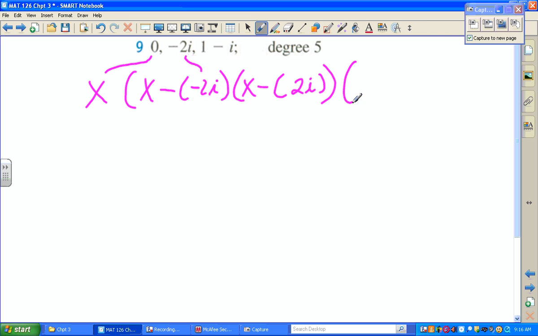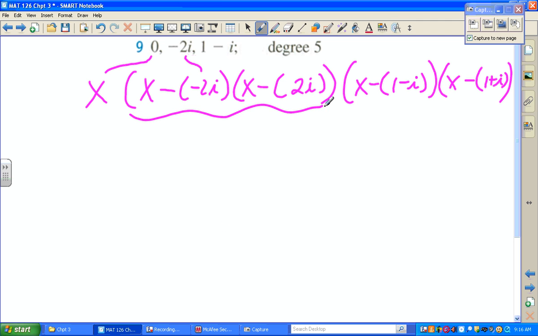And then the conjugate of x minus 1 minus i is x minus 1 plus i. Now you just have to multiply those two together and these two together, and that's it, because you can leave it as a product of linear factors and quadratic factors.